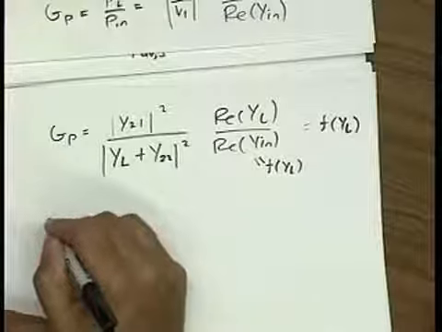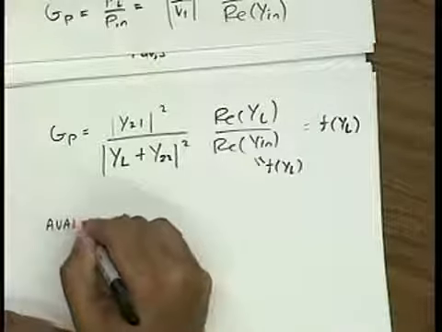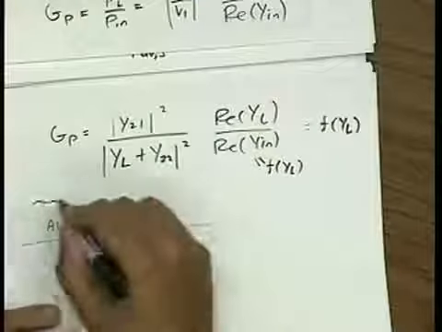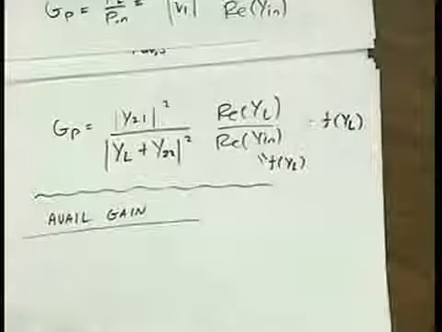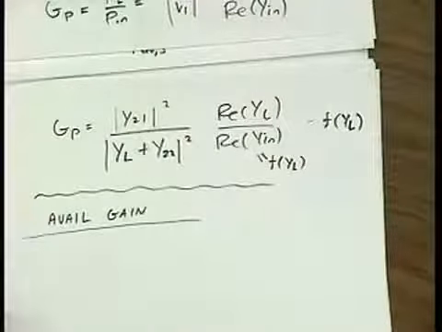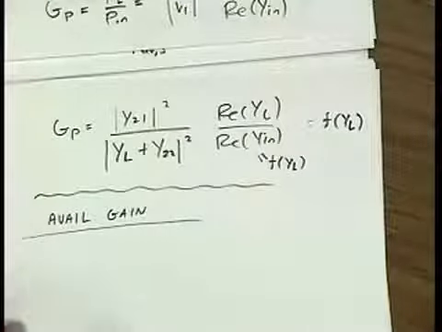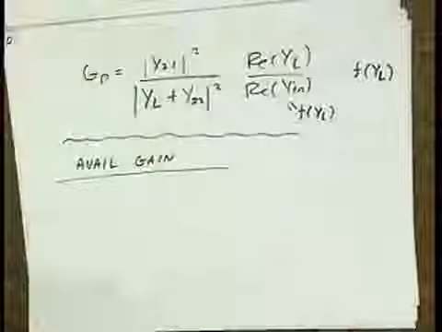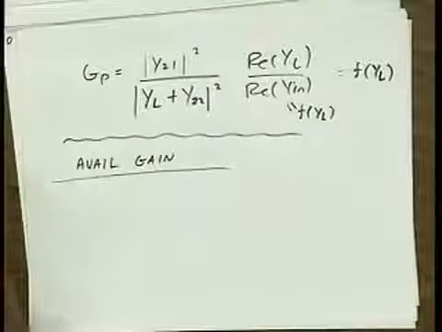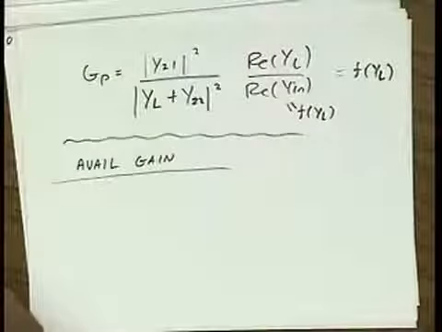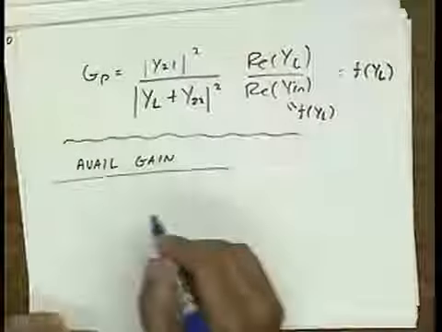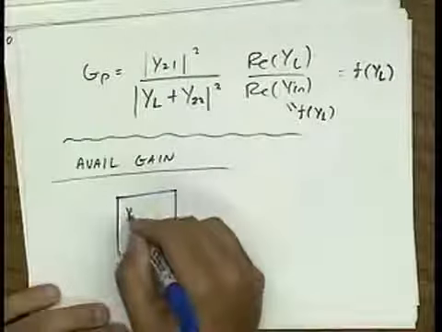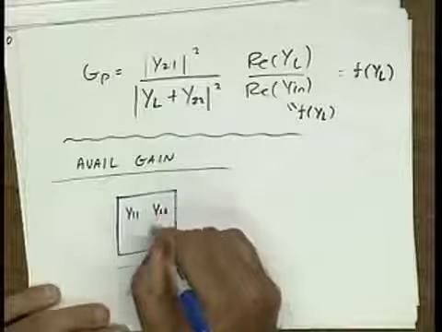All right, let's also derive the available gain. To derive the available gain, I need to find the available power from the source. That's trivial. What I need to know is the available power from a 2-port. So to do that, I'm going to transform my 2-port into an equivalent Norton source.